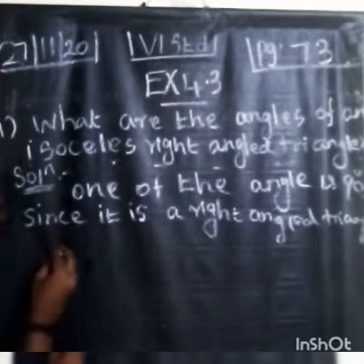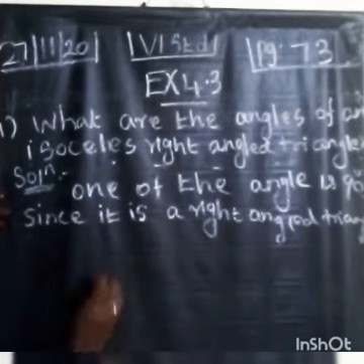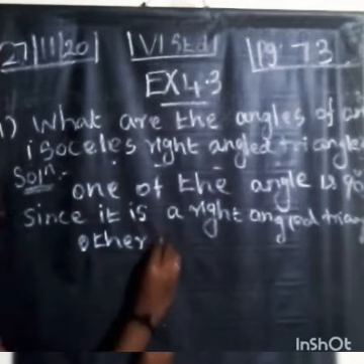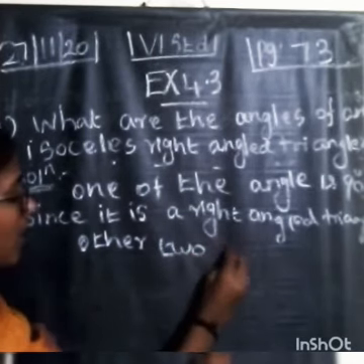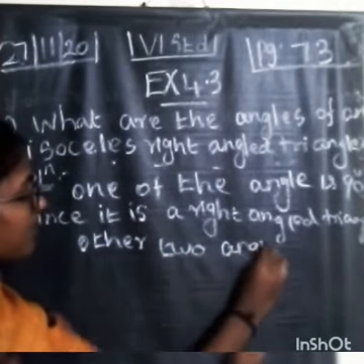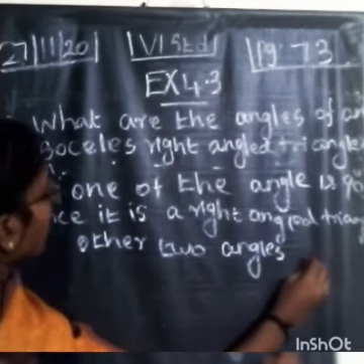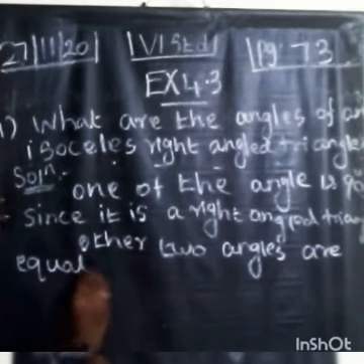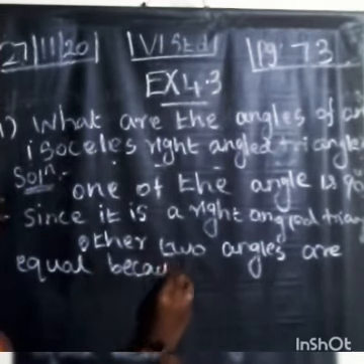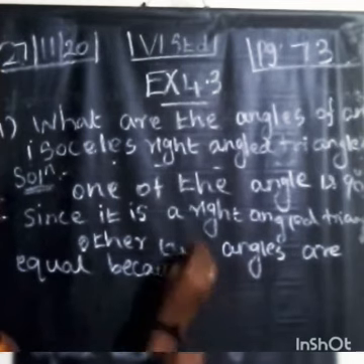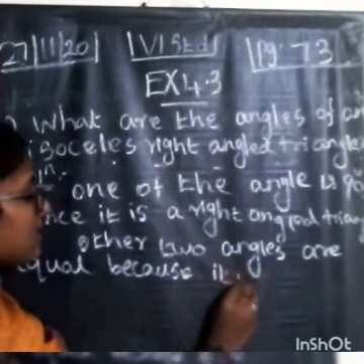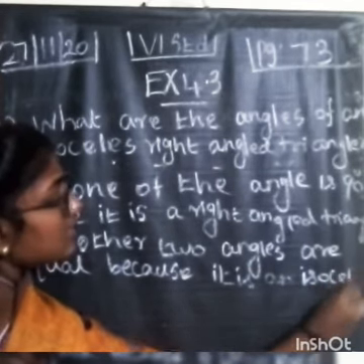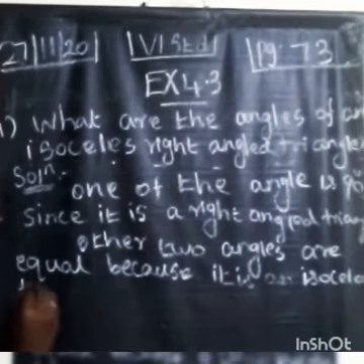So one of the angles is 90 degrees, and the other two angles are equal because it is an isosceles triangle.